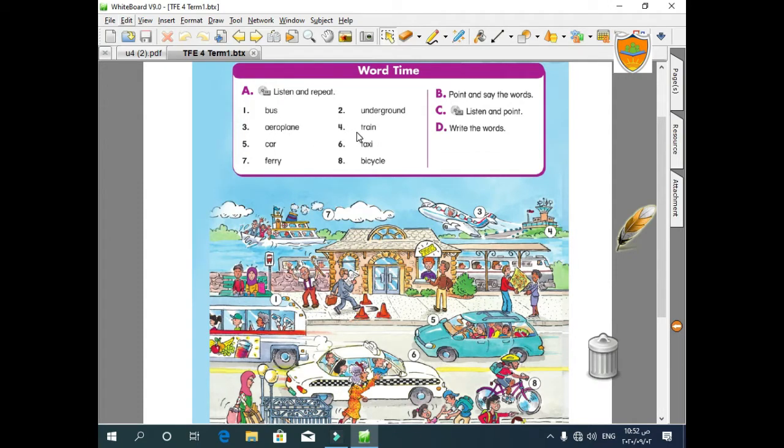Number 4, train. Number 5, car. Number 6, taxi. Number 7, ferry. Number 8, bicycle.